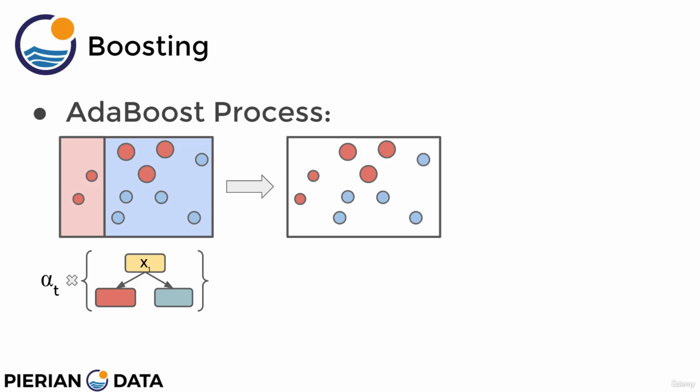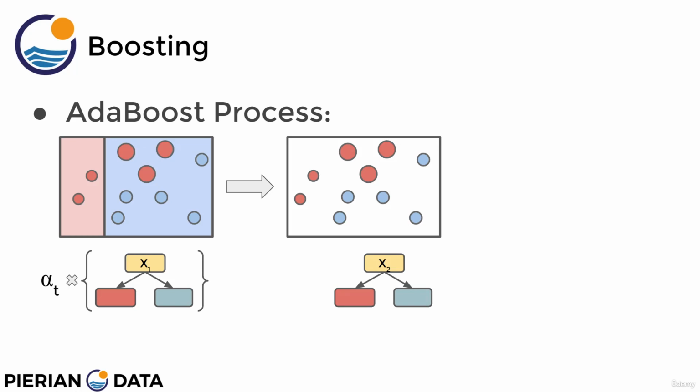It is now being trained off this data set that has these weights attached. And this is why we're saying that the model is learning slowly, because it doesn't fit the data hard, so to speak, where it takes in all the data at once. Instead, it's using the learnings from the previous weak learner to say, hey, maybe take a look at these points more critically because I'm attaching more weight to them.